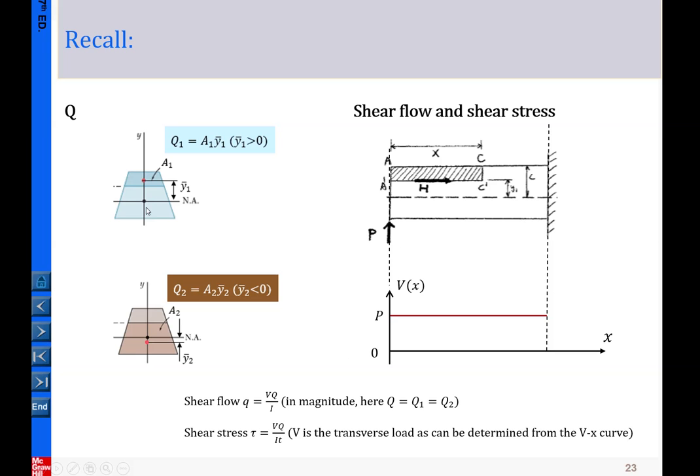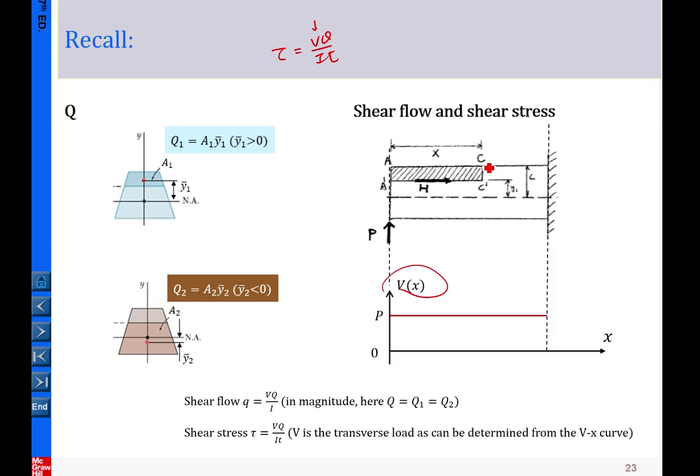and so that is for the Q, and then for the tau equal to VQ over IT. Then how do we determine V? V most of the time is obtained through the plotting of the shear diagram. I prefer it because the shear diagram can provide you all the information throughout the beam from here to here.